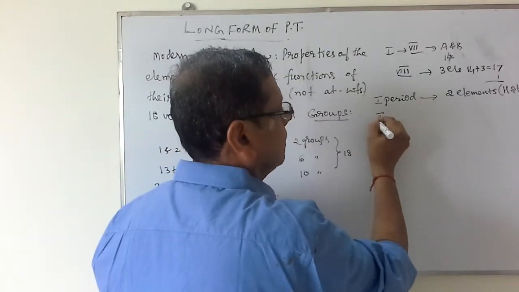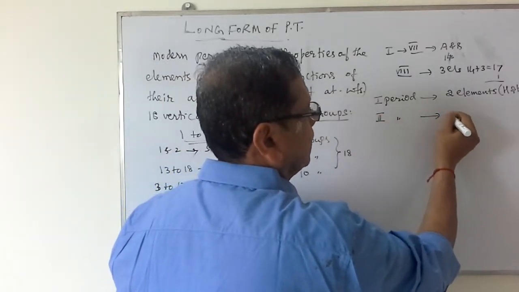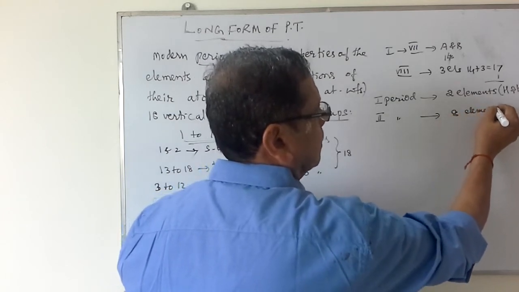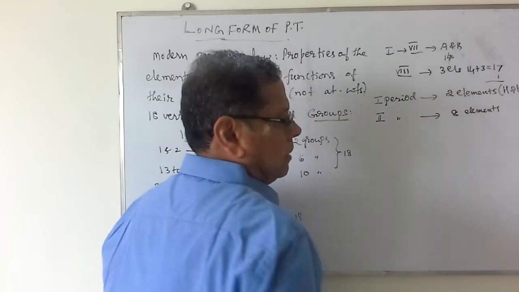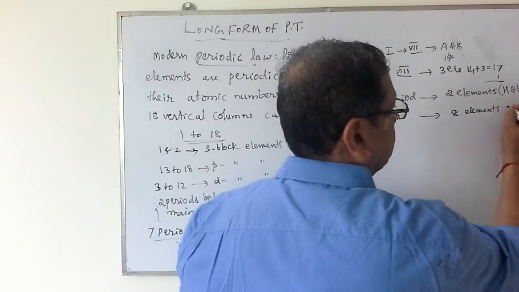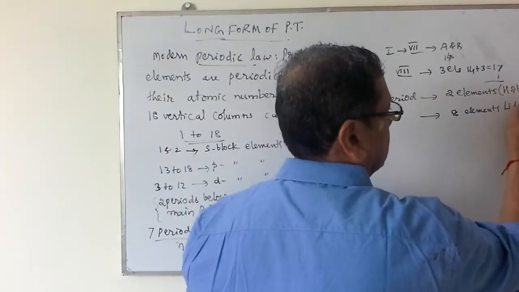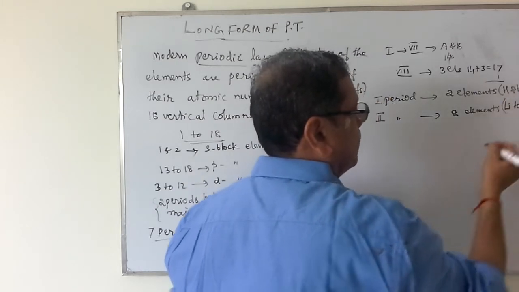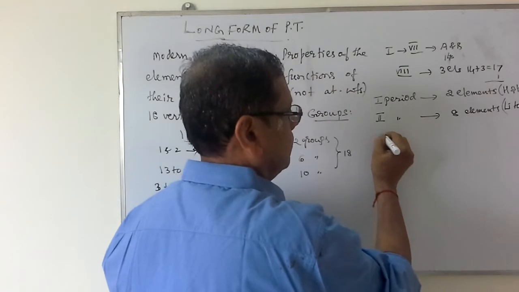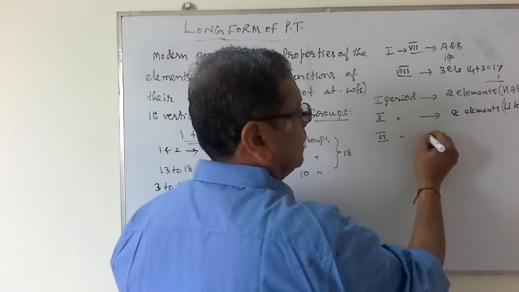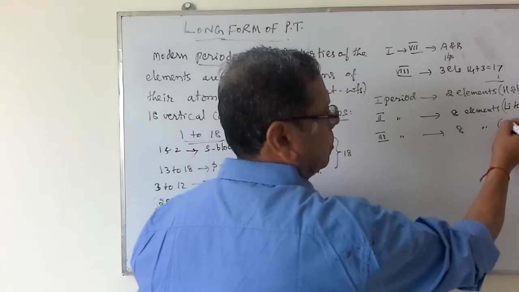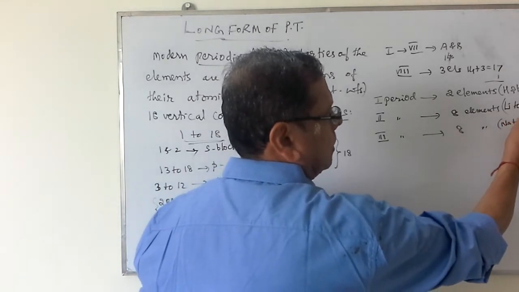Second period contains 8 elements, lithium to neon. Third period also contains 8 elements, sodium to argon.